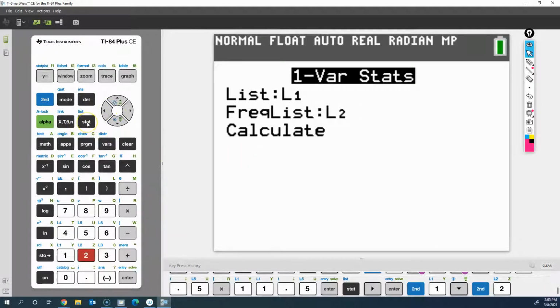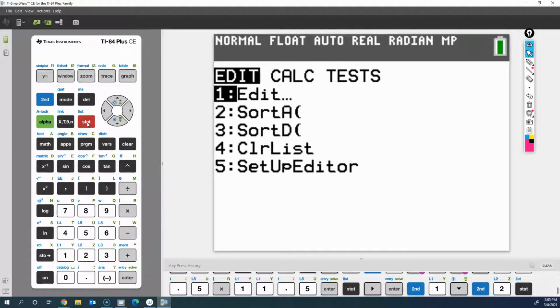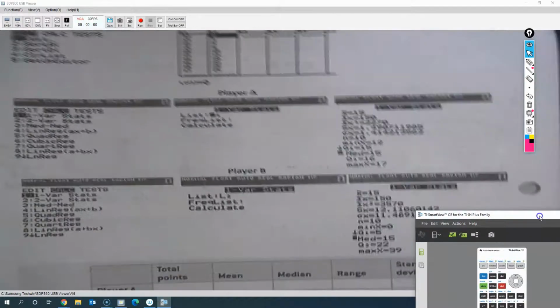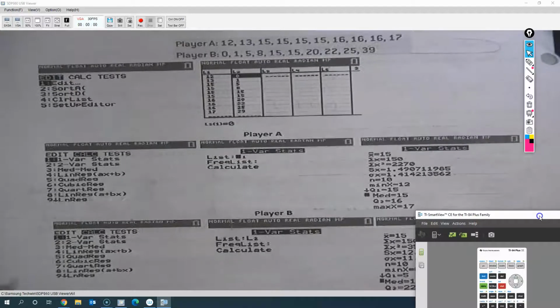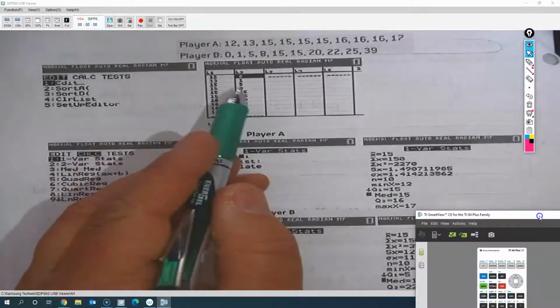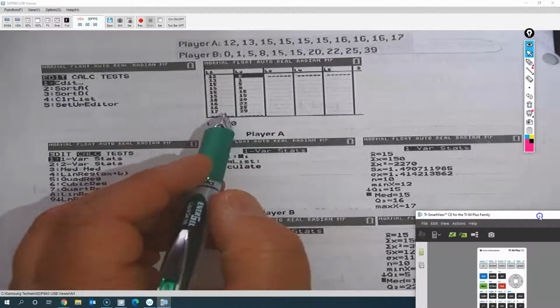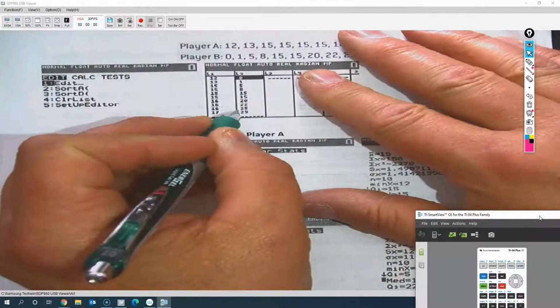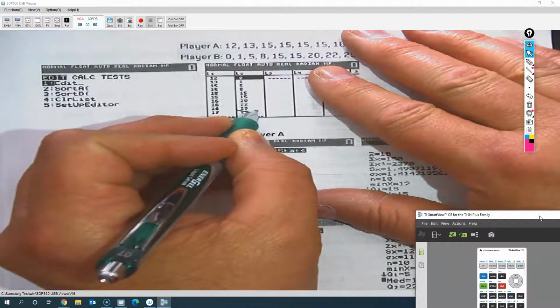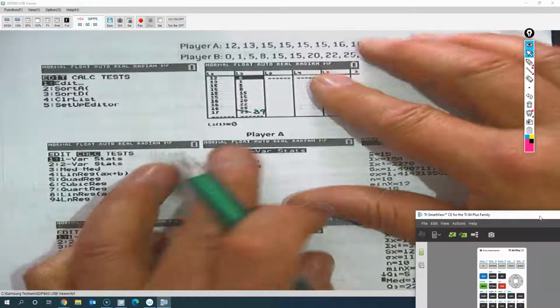Okay, and you go stat. So what I'm doing right now is all here on this page. So I'm going to type in player A for list 1 and player B for list 2. That should be a 39 right there.